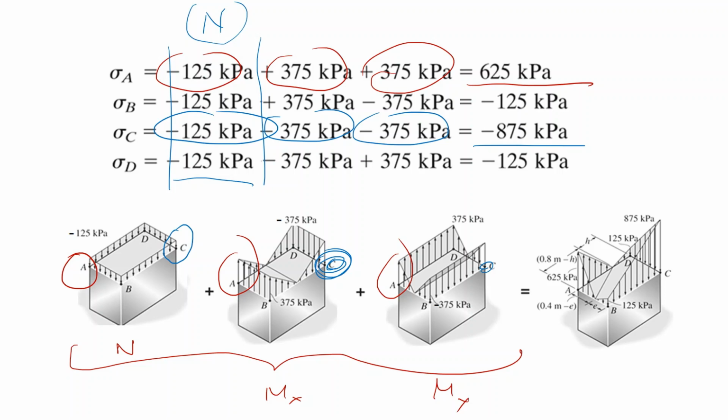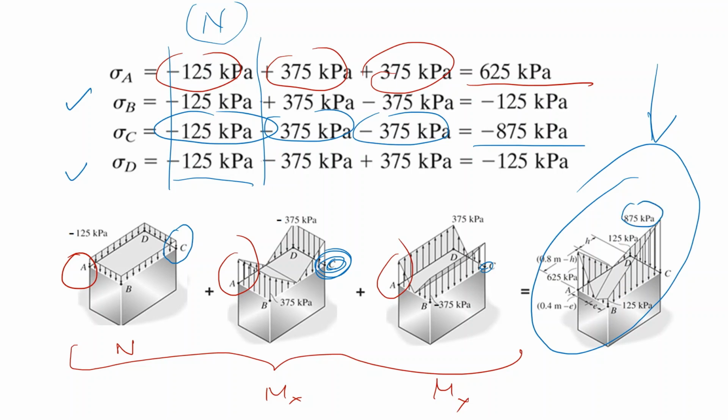You can do the calculation in a similar way for B and D, and your stress distribution can be shown graphically this way. This value, they are all negative. Only in point A, I have a positive tensile stress.